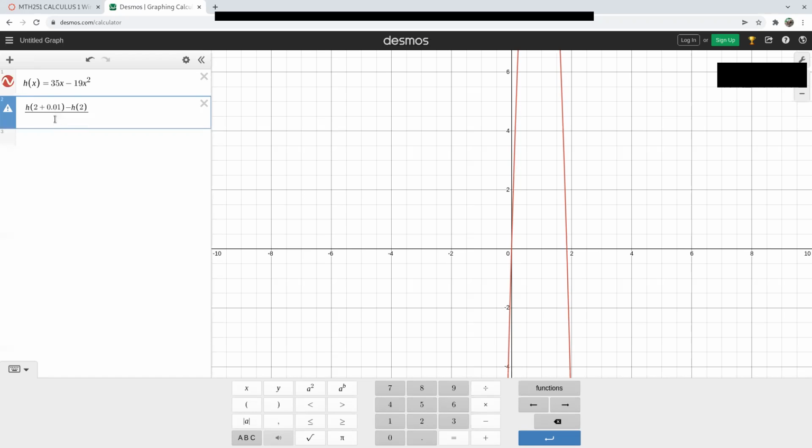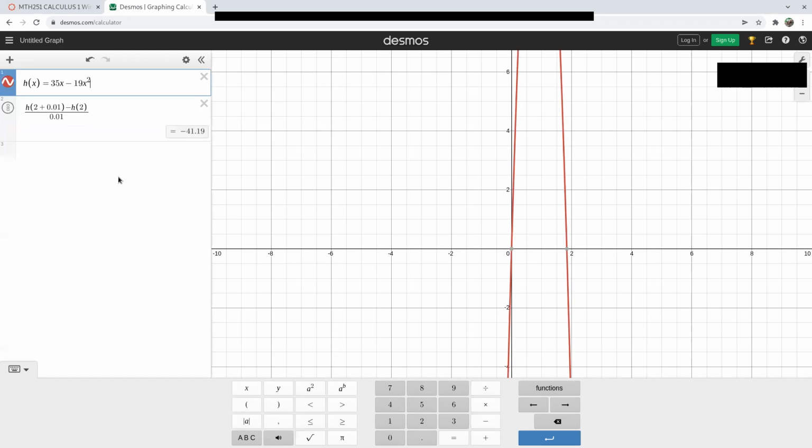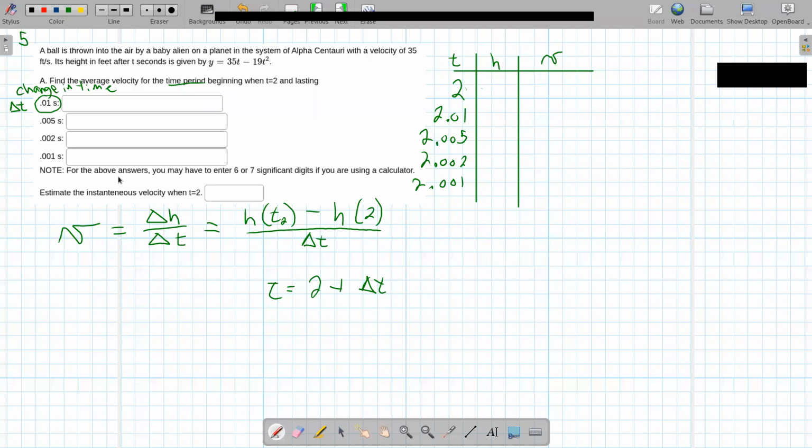In the denominator, it would be 2 minus 2 plus that, which is just that delta t there. So that would be 0.01 in this case. And I get a slope there of negative 41.19. And if we think about this graph right here, it's coming down, definitely a negative slope coming down there. So 41.19 is the first calculation. Negative 41 for my version.